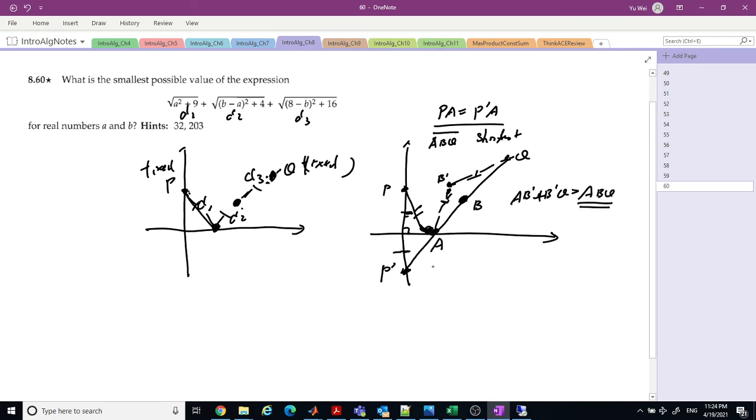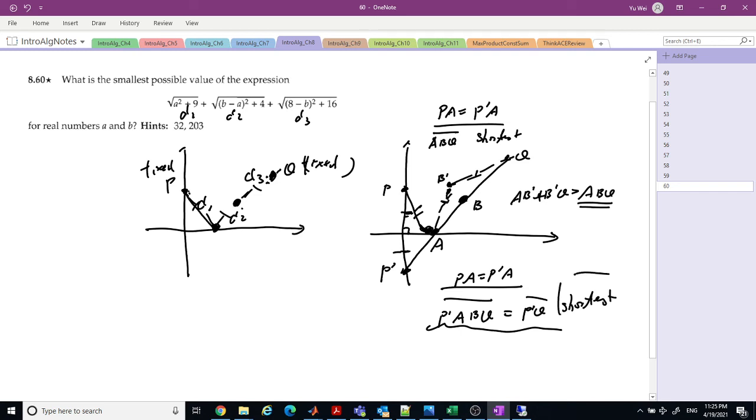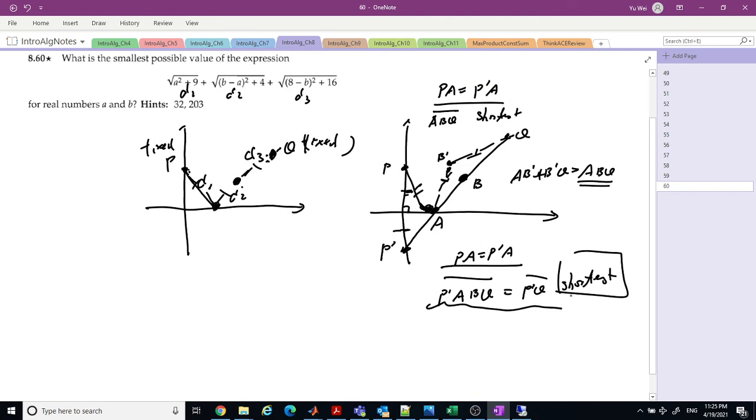So PA equals P prime A, and if I draw a line, P prime ABQ is a line equal to P prime Q, so this is the shortest. So it's always something you need to think about like this.